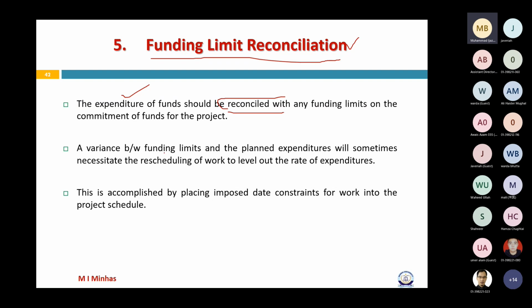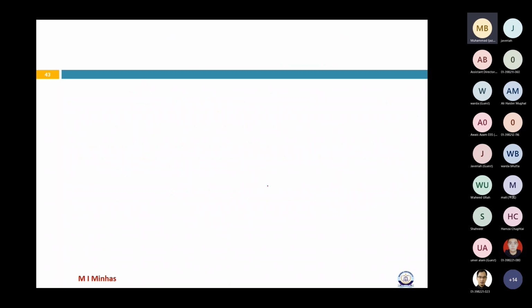And a variance between funding limits and the planned expenditure will sometimes necessitate the rescheduling of the work. I told you earlier, right? This point we have already covered. So this is accomplished by imposed date constraints for the work. You just move forward certain activities. As a result, generally duration is increased.